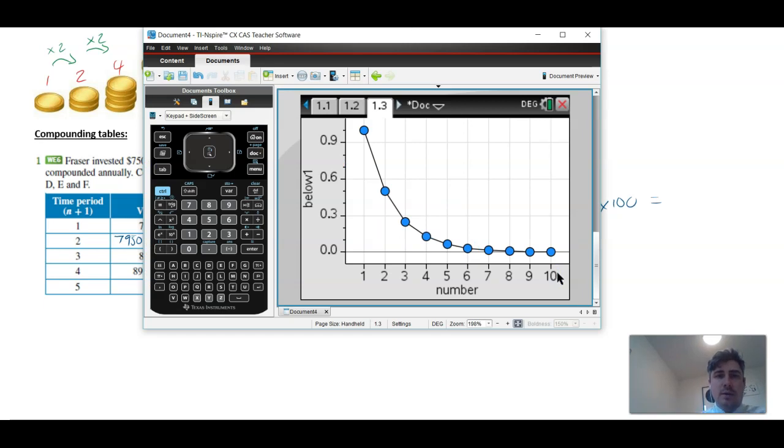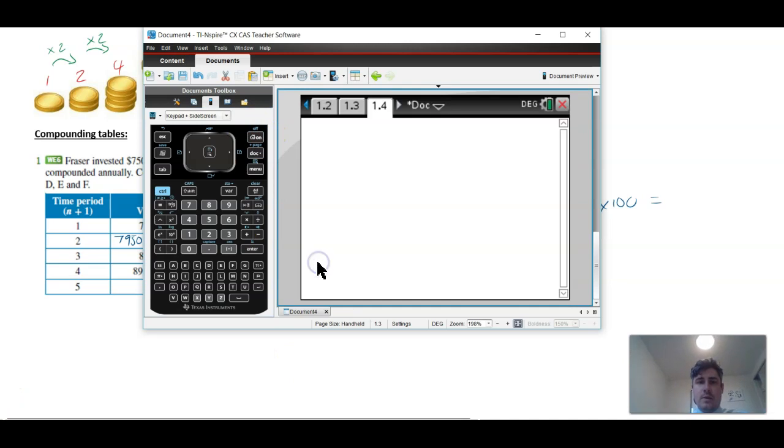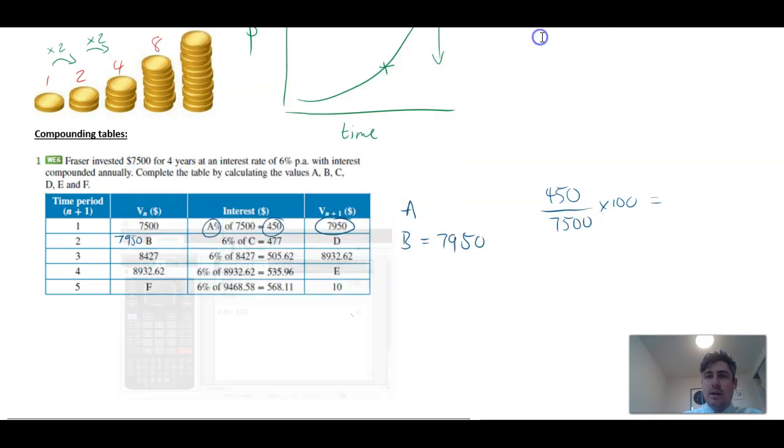So let's just work out what that is. Okay, so we get 6%. So this is a 6% interest. So A is 6, and that matches up with the rest of the table. So obviously this bank account has a set amount of interest and it doesn't change throughout this example.